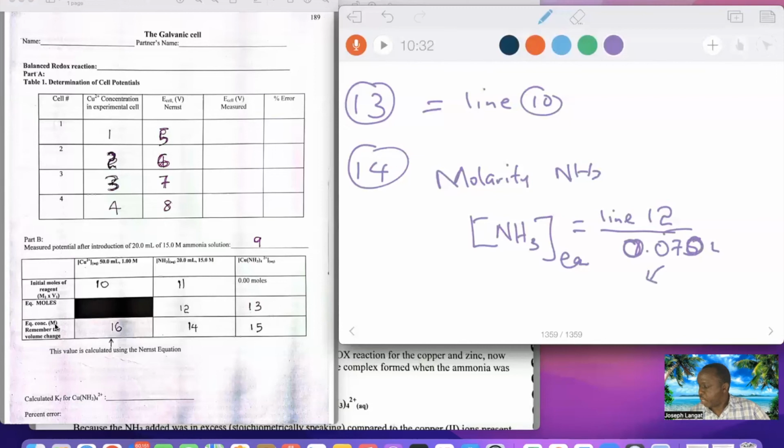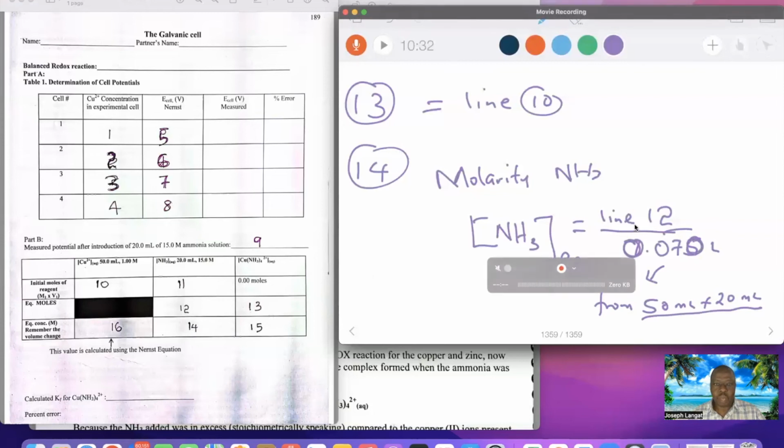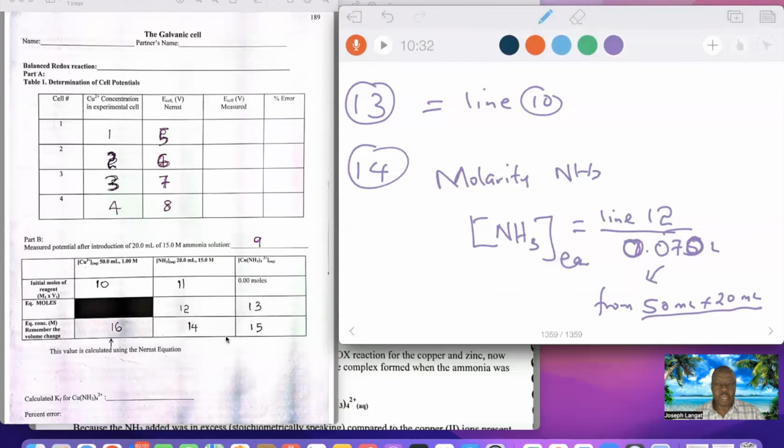Where am I getting this from? 50 ml plus 20 ml. You see that? We are adding 20 ml and 50 ml for a combined volume of 70 ml, and you change that to liters. So the concentration of ammonia at equilibrium is given by line 12 divided by the total volume. That will give you the equilibrium concentration of ammonia.